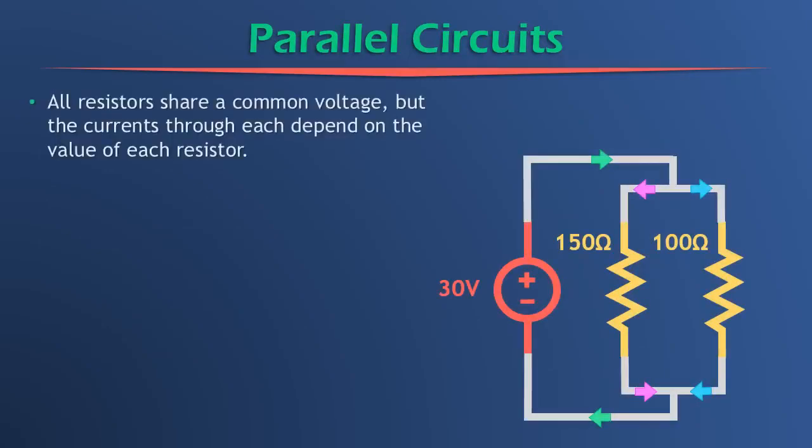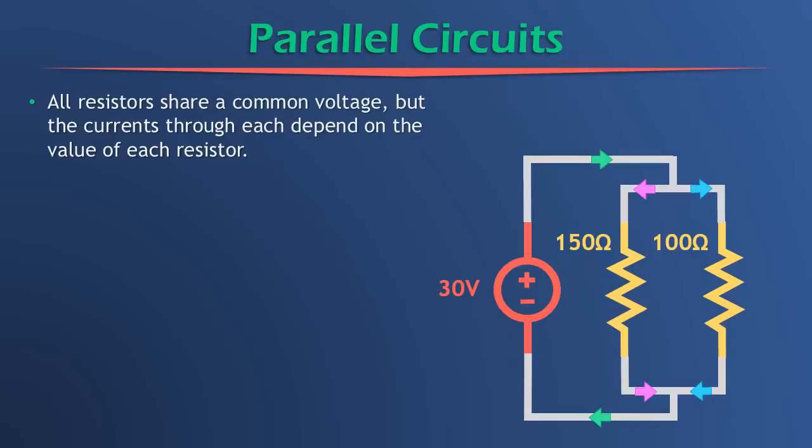In a parallel circuit like this one, all resistors share a common voltage. We can see that because the 30 volt source here is attached across both the 150 ohm and the 100 ohm resistor simultaneously and in the same places.